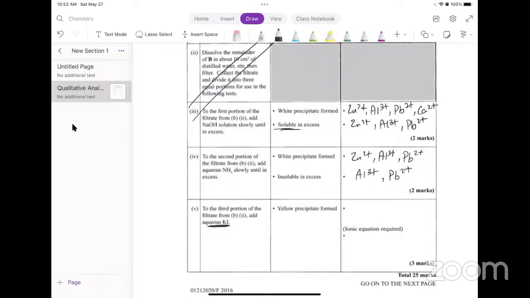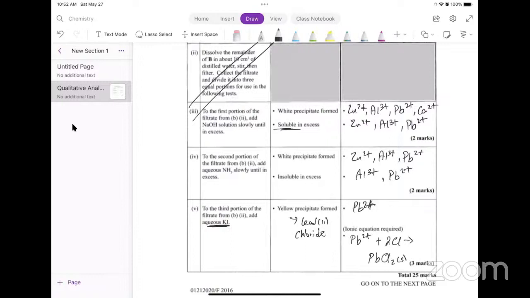Lead. Right, so lead would form the precipitate, so we are forming lead 2 chloride. So it shows the presence of lead 2 chloride, and we can go ahead and write the reaction for that. The ionic equation, literally we can just put this plus 2Cl to form, and this is insoluble, so it has an S by it.